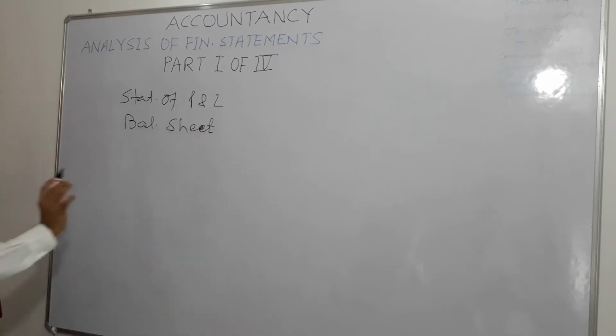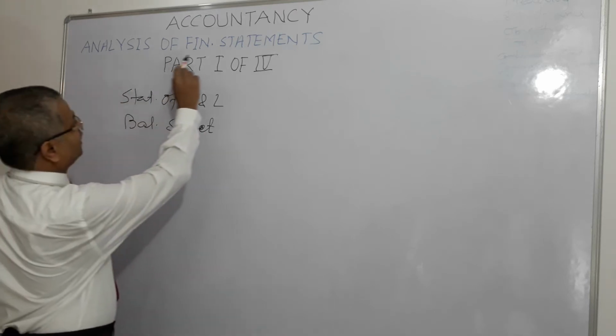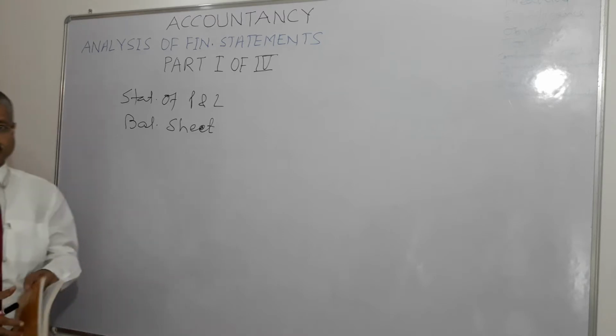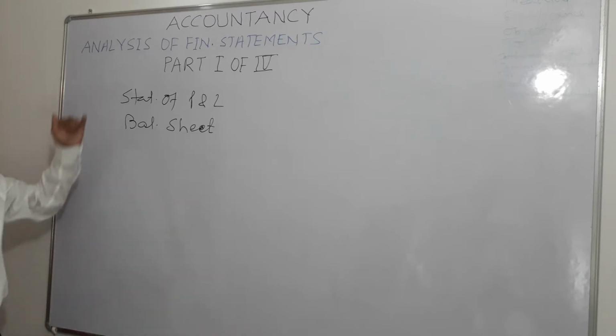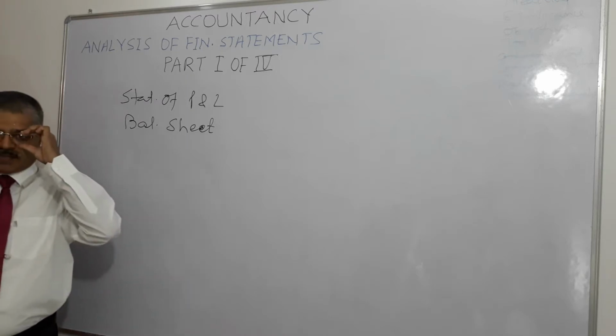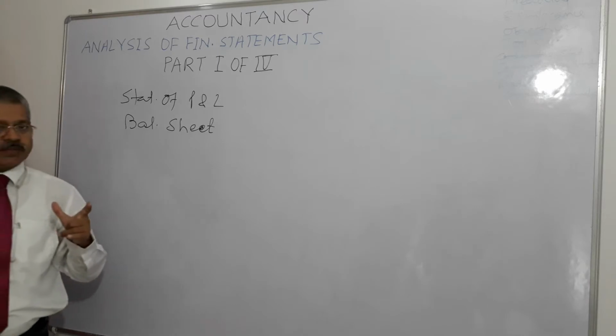Primarily these two things we are talking about. Now we come to analysis, right? What is analysis? A statement of profit and loss and balance sheet, these are summarized financial reports.